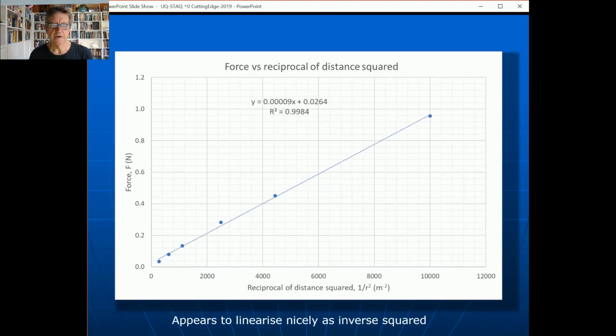Okay, when we linearized it, so we plotted the inverse square, we plotted 1 on r squared at the bottom, and up the y-axis, the force in newtons, or the weight, the scale reading basically, converted to a force, you'll see it's a beautiful straight line, looks pretty straight. There's a bit of a curve in it.